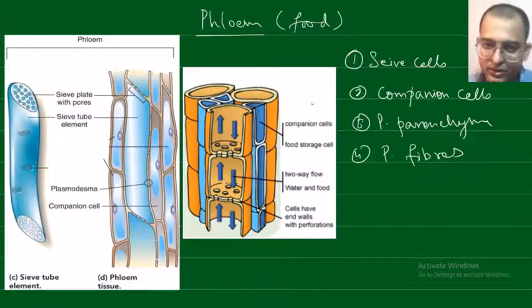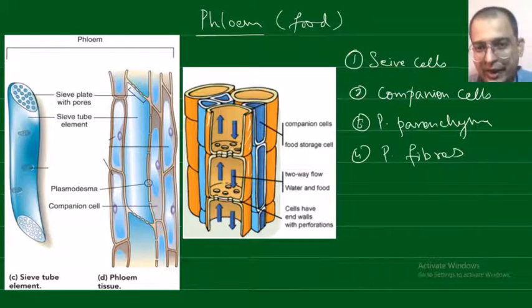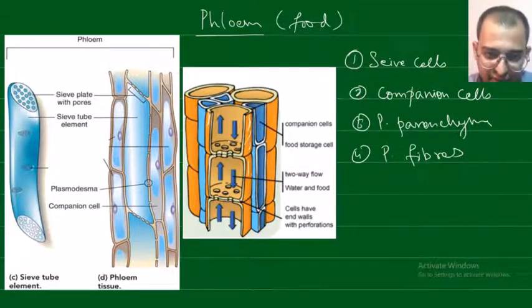So sieve cells, what is happening? What we are seeing here in the saffron orange color is also a pipe-like system, but you can see the difference from the xylem trachea or vessels: these have holes, the sieves.